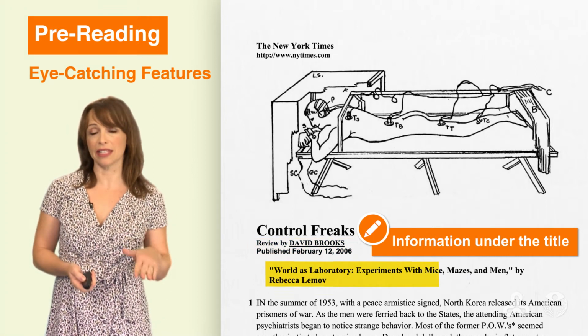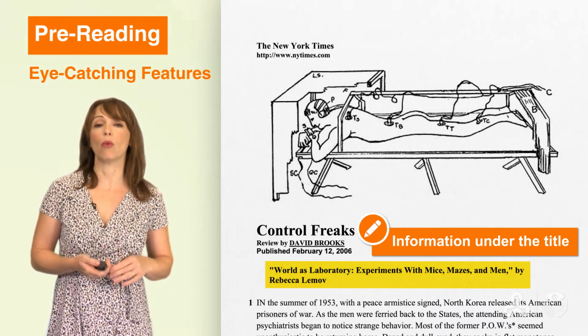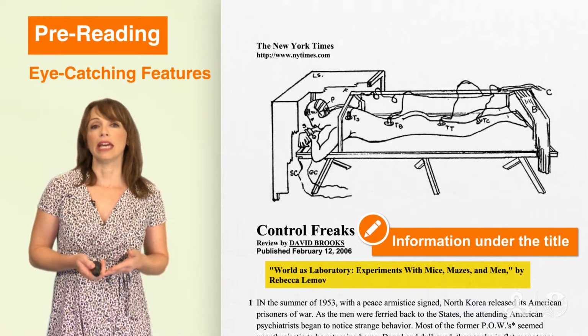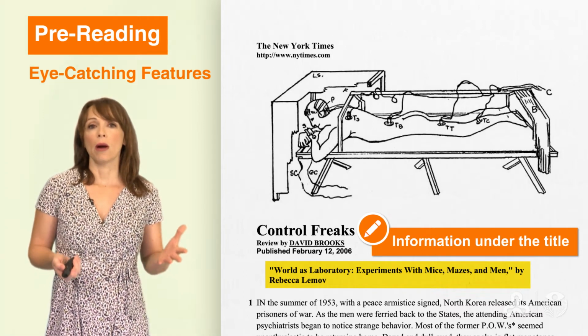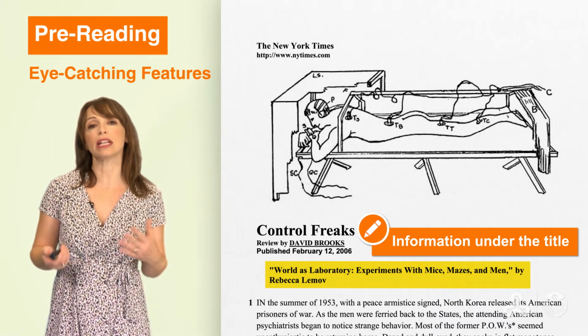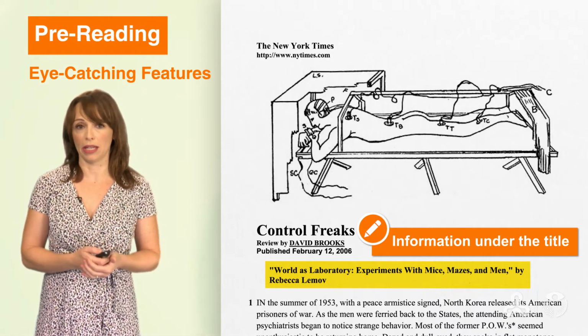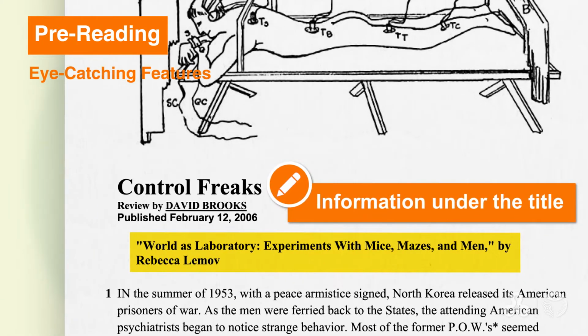Now, beneath this information, I get additional information. Okay, now what is this information? It's not just a sentence that gives me more information, but it is actually a reference to another book. כן? זה אזכור של ספר נוסף פה בעמוד הזה. It says here, World as Laboratory, Experiments with Mice, Mazes, and Men by Rebecca Lemov.